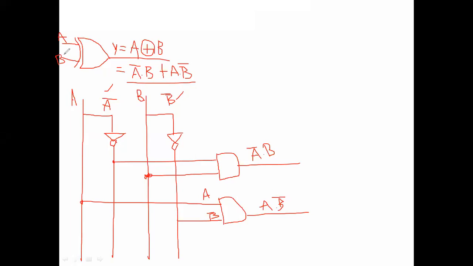Now, what is the total expression? A bar dot B plus A dot B bar. That means which symbol is there between the two terms? The plus symbol. That means which gate is used? OR gate is used. That's why for these two inputs we are connecting an OR gate.